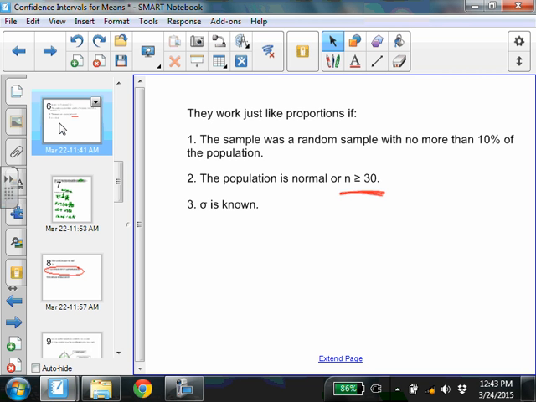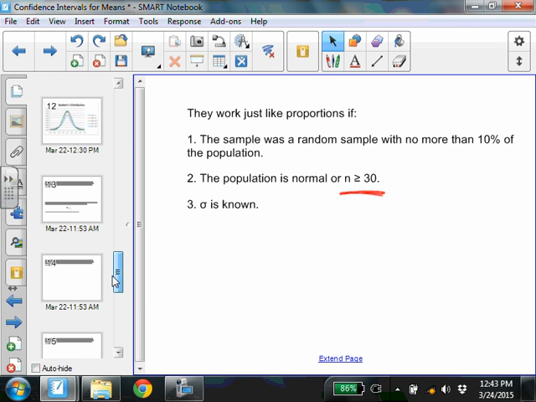The other one was saying if you don't know sigma, always use the t distribution no matter what. It was like, okay, which one do you do? Well, the reality of the situation is that either way, it's going to end up being pretty close, okay? So we're just always going to stick to the t distribution if we don't know sigma. It'll kind of simplify things for us, and we can just keep going with that, okay?